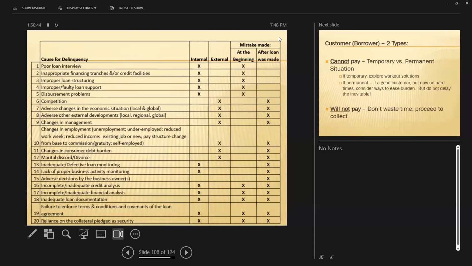Was it made at the beginning when the loan was initially granted, reviewed, or submitted, or was it made after the loan was drawn down, that is, after it was approved? Okay, so you'll get this in the PowerPoint presentation. You can review it at your discretion. It's not going to be a part of the exam. It's only there for information purposes.